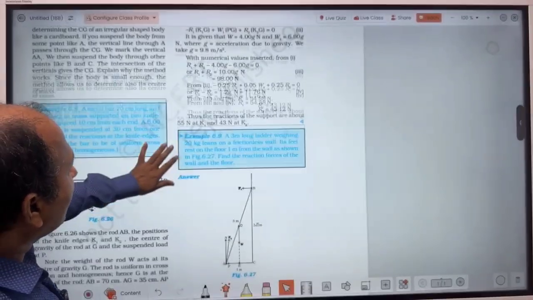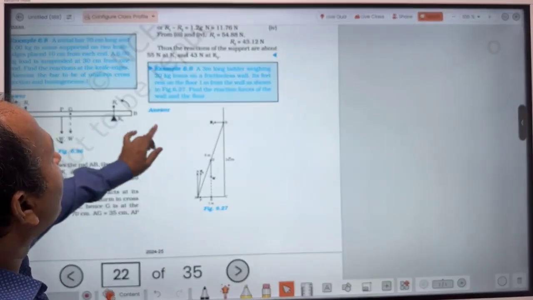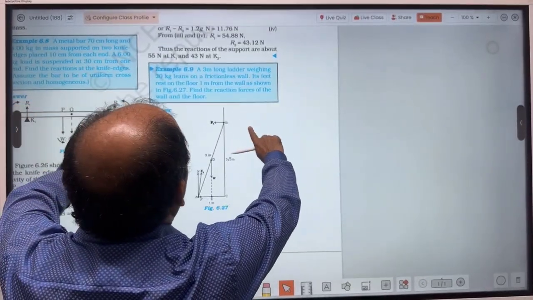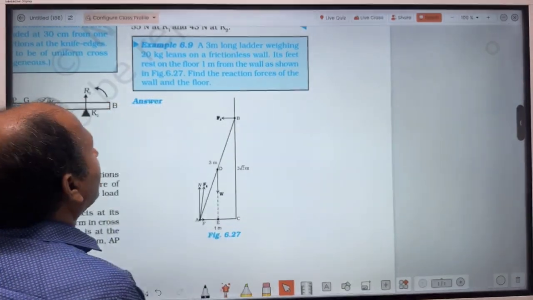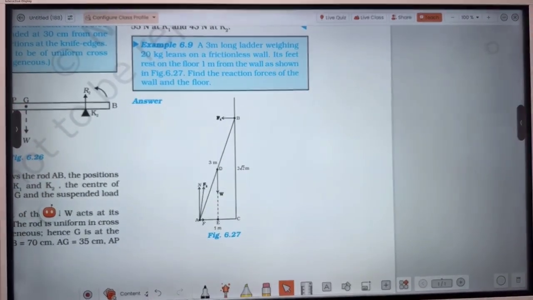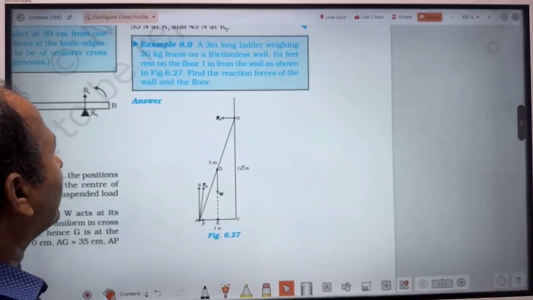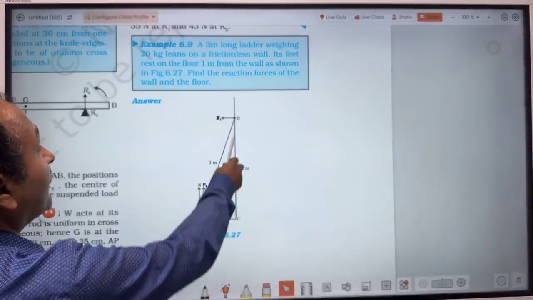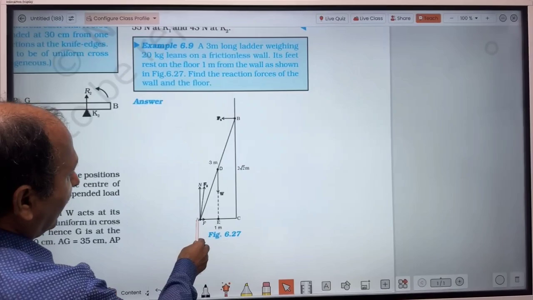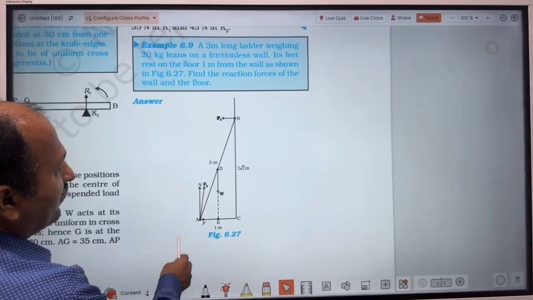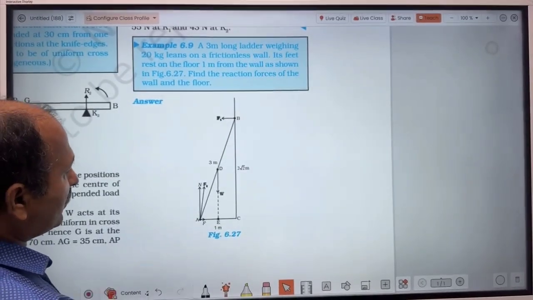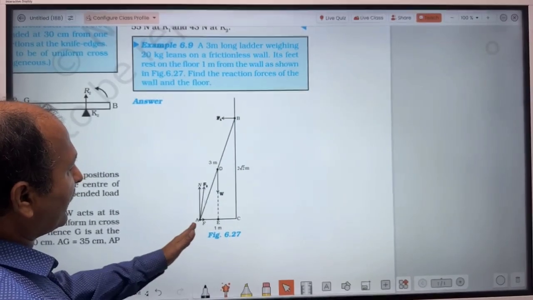Here there is another question in which we also have to consider rotational equilibrium, and translational equilibrium can also be considered, because this is a ladder, so it can move to this side also. So there should be a frictional force which will prevent it from motion.